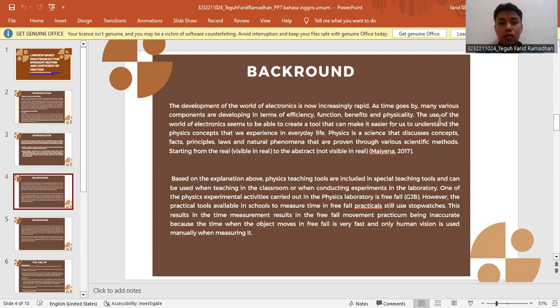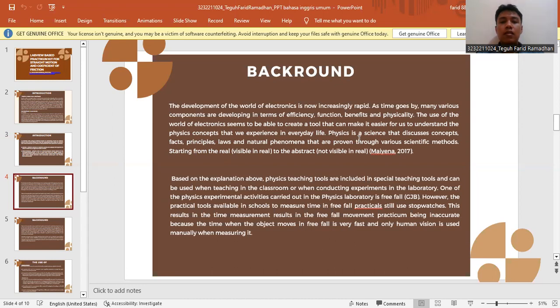The use of the world of electronics seems to be able to create a tool that can make it easier for us to understand the physics concepts that we experience in everyday life.